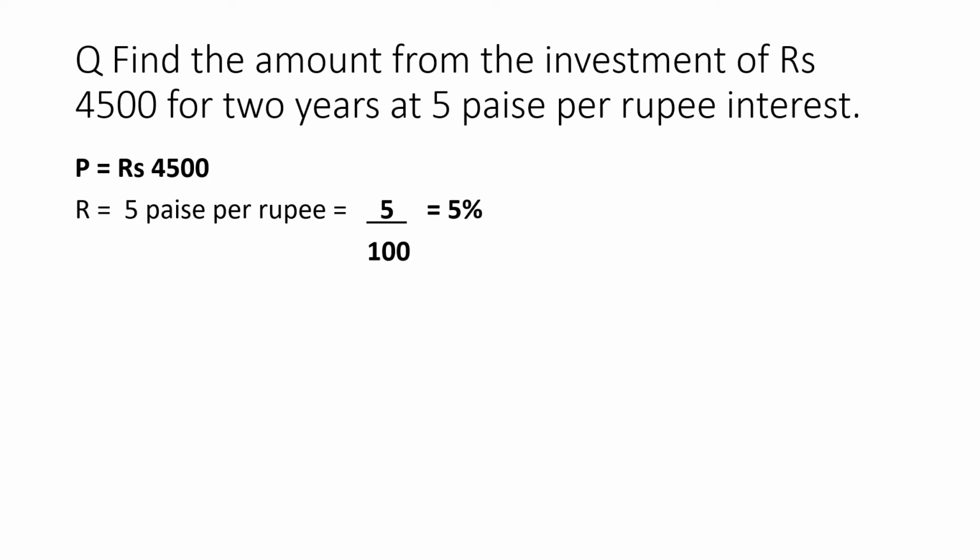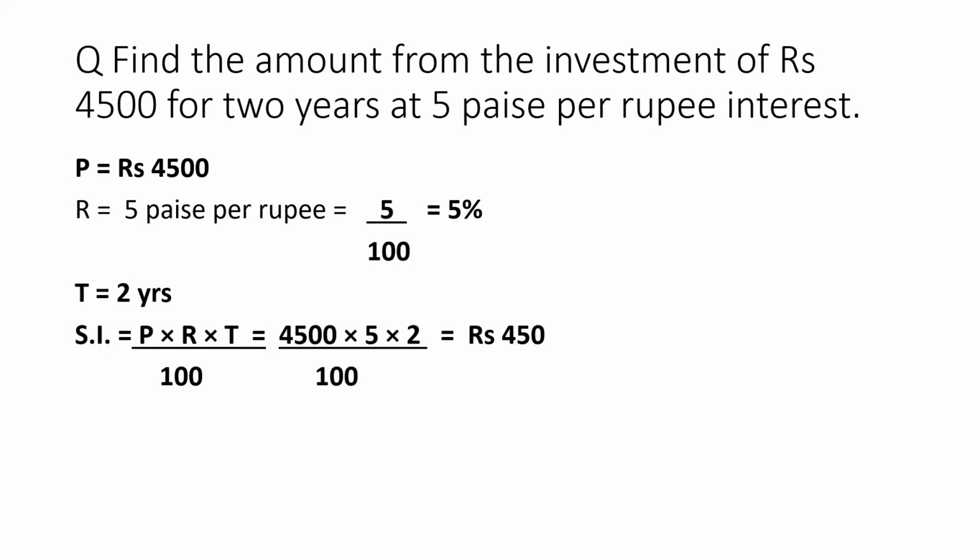Now rate of interest is 5% and the time is 2 years. Now we can calculate simple interest. P into R into T by 100: 4500 into 5 into 2 by 100, and when you solve it, you will get rupees 450. Then amount is principal plus simple interest, 4500 plus 450, that is 4950.